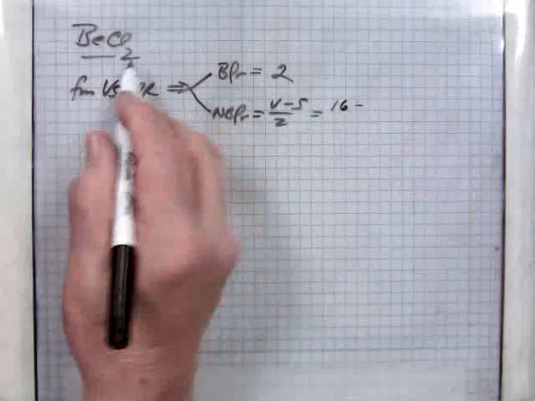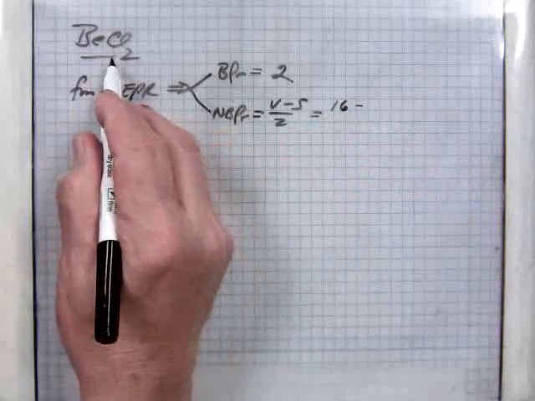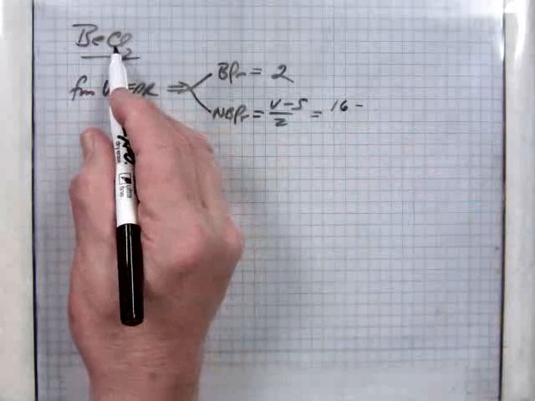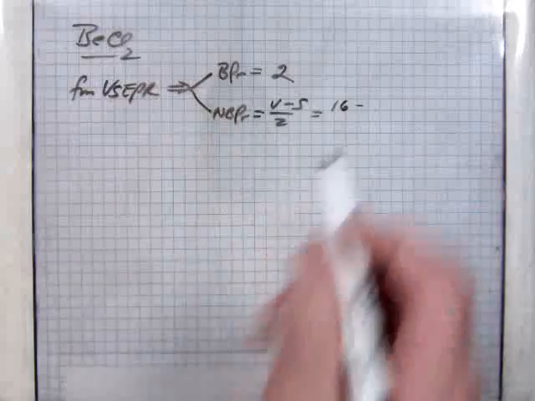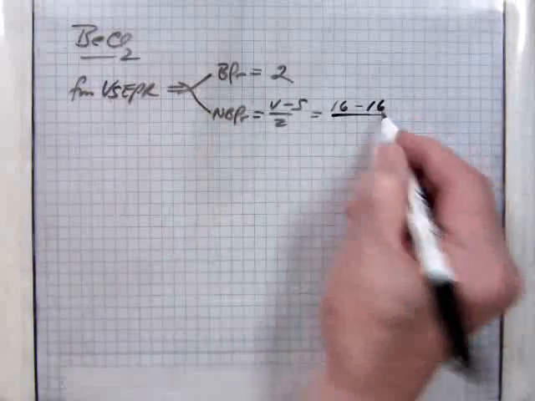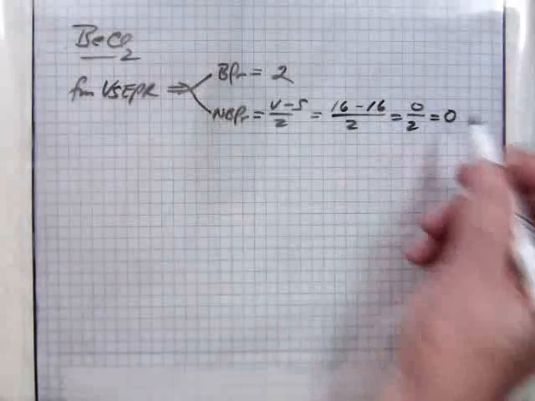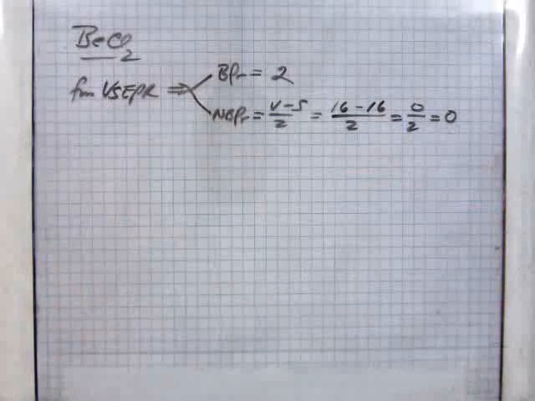Your substrate number is either 8 or 2 times whatever the attachments are. Well, this is not hydrogen, so it's got to be 2 times 8, which is 16. Divided by 2, that's 0 over 2, and 0 non-bonded pair.